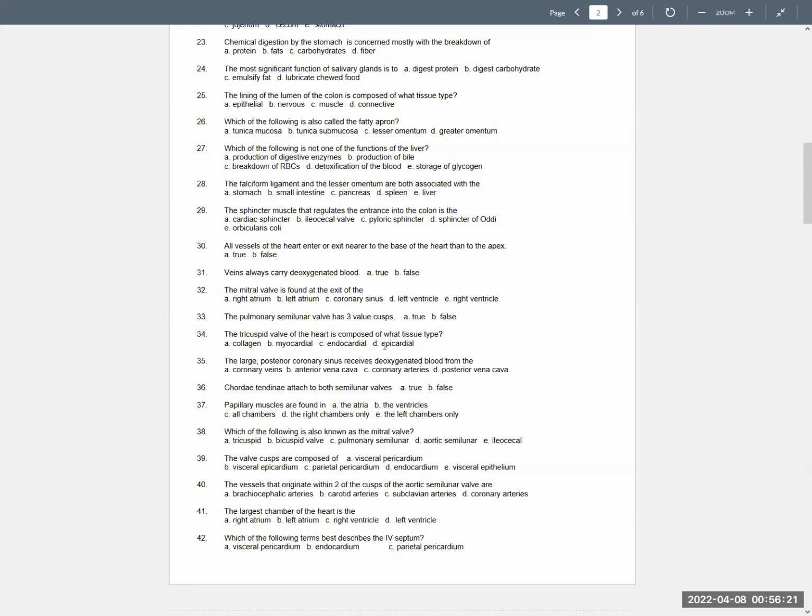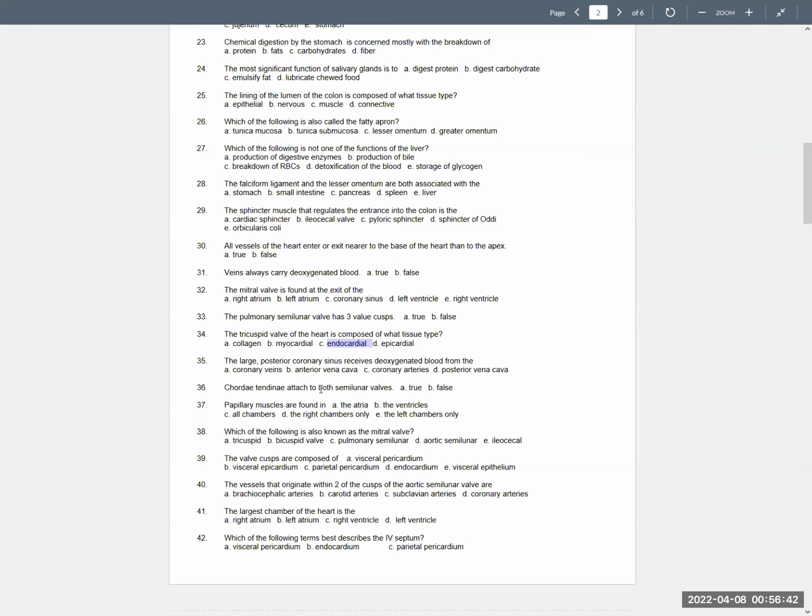Epicardial, epicardium. Endocardial, endocardium. The valve cusp and everything inside of the heart is coated and composed of endocardium. And endocardial then is the correct answer.